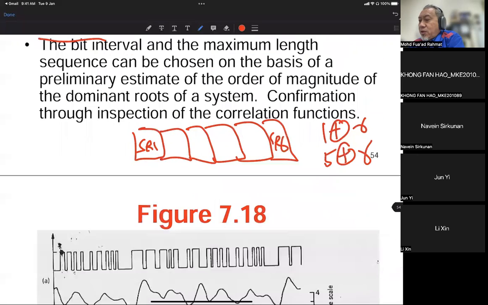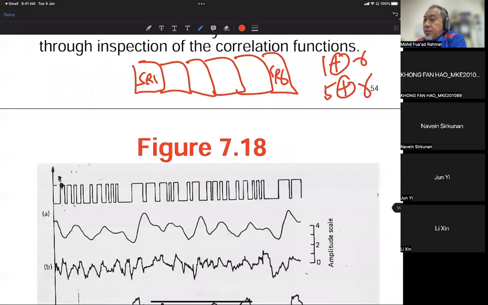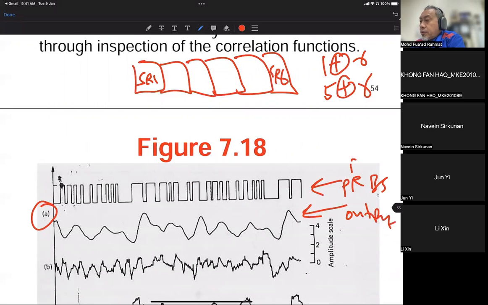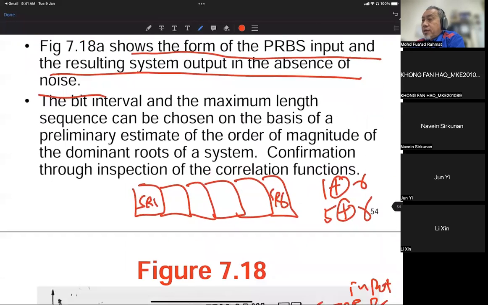Then figure 7.18 shows the form of PRBS input and the resulting system output in the presence of noise. You can see that this one looks very clear, the PRBS input and the output. This is input, no noise, excellent.